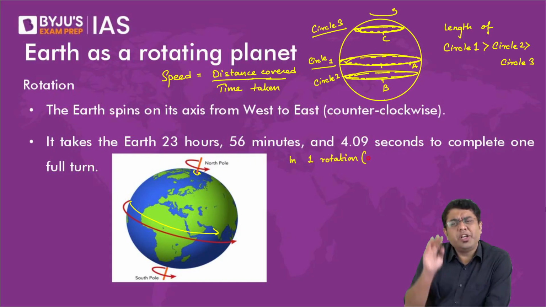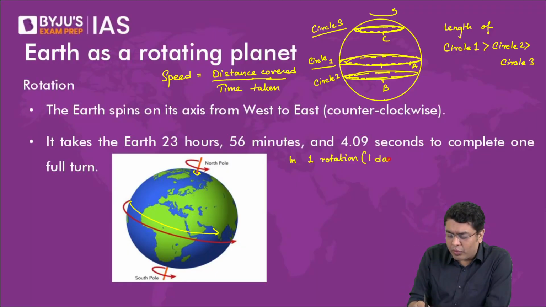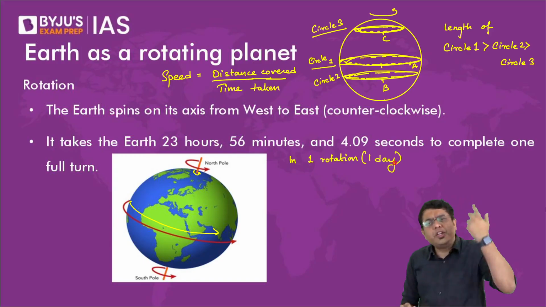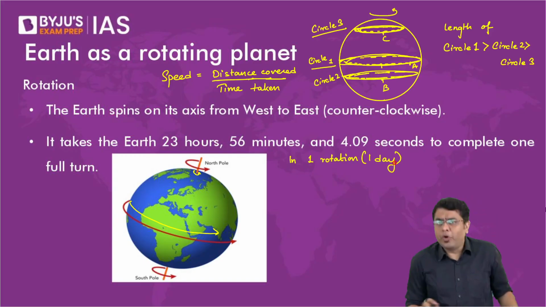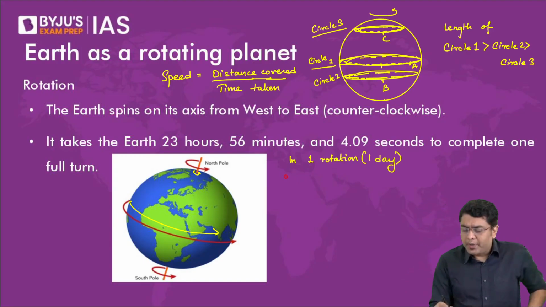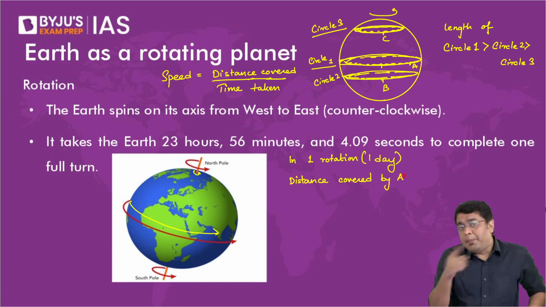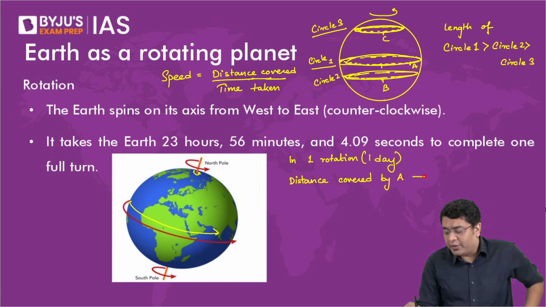Let's assume one rotation takes 1 day, for ease of calculation. In one rotation, the distance covered by A will be the length of circle 1.